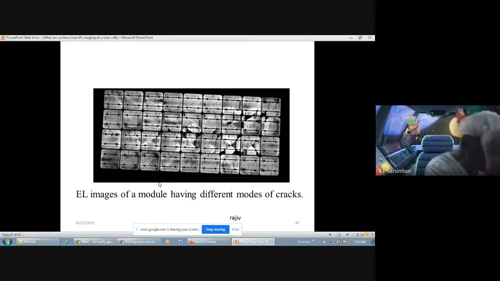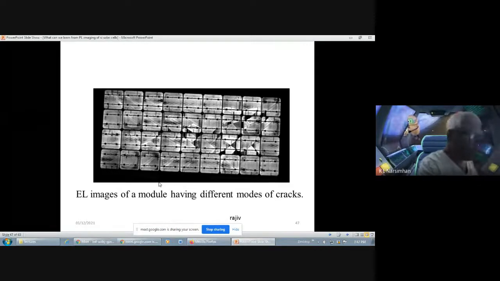Now this has actually become very important even financially, because what happens is the module manufacturer, when he makes the modules, for every module he will take the EL image as a part of quality inspection, and then he will put it into a ship and send it to wherever. When you receive it at the other end, you take the EL images again of these same modules, and if it is different from what the manufacturer had, then you say, well, it has suffered damage.